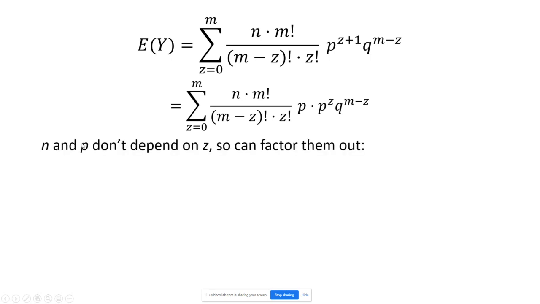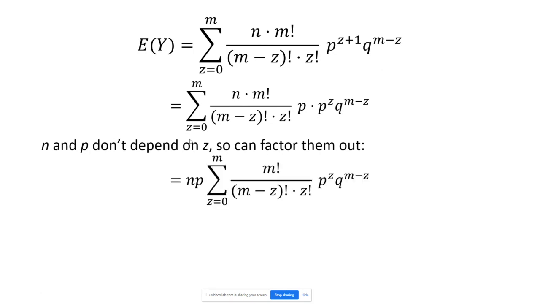And then the n and the p don't depend on z. They don't depend on the thing that we're iterating over in the summation, so we can factor those out of the summation. That becomes n times p times the summation as z goes from 0 to m of m factorial over m minus z factorial times z factorial times p to the z times q to the m minus z.